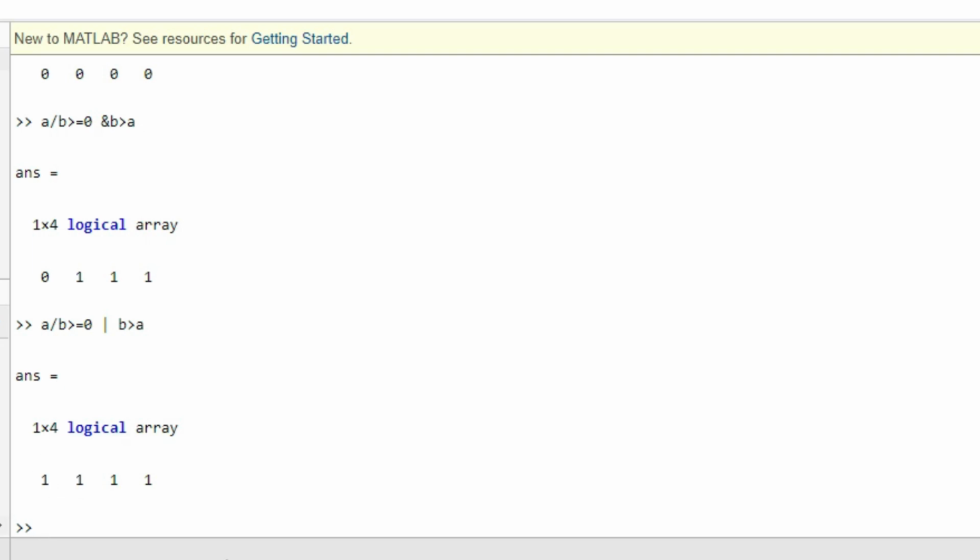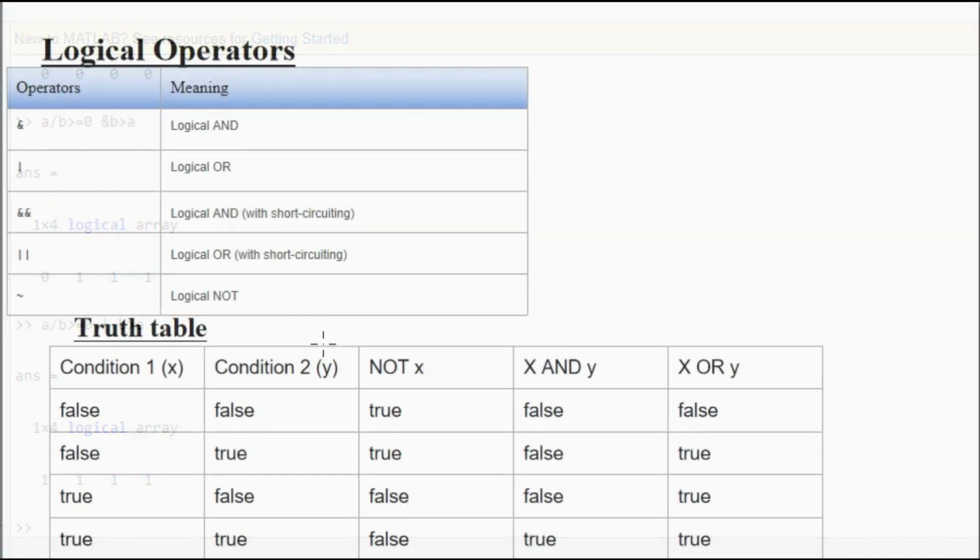Now let's see short circuiting. If you know short circuiting evaluation, when we have false and false it gives false, and false and true also gives false. It means when the first condition is false, it gives false directly.